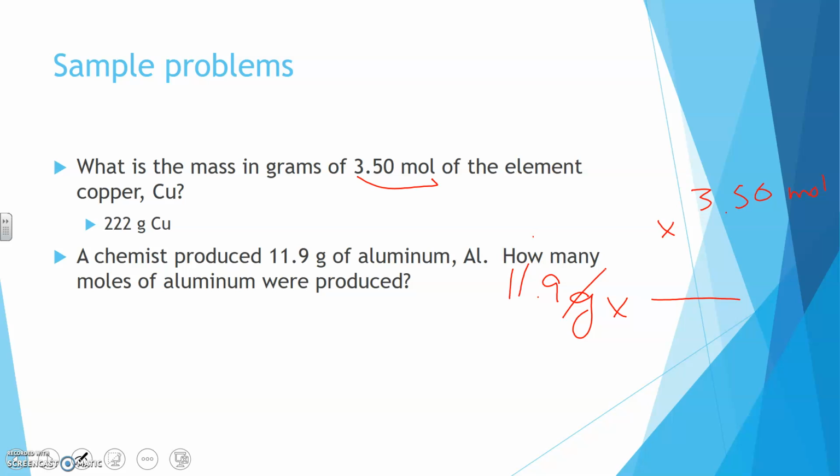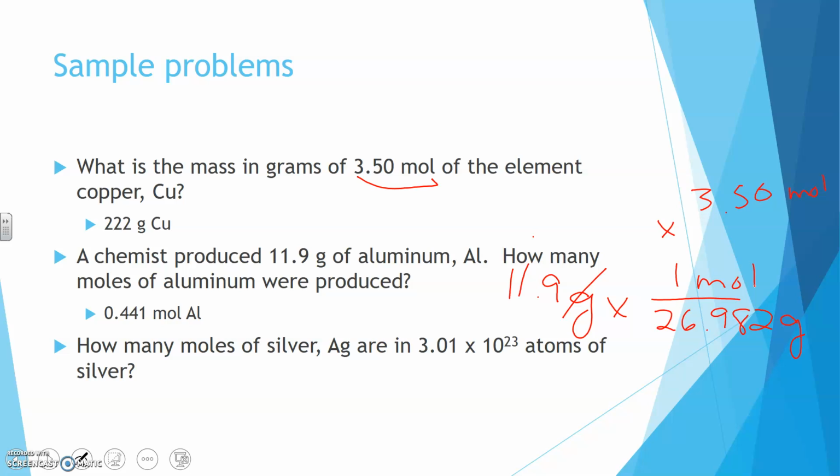See that aluminum has a molar mass of 26.982, and that's grams under 1 mole. So at this point you can do 11.9 divided by 26.982, and you will get 0.441 moles of aluminum.